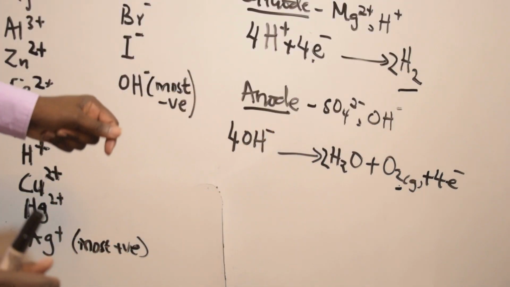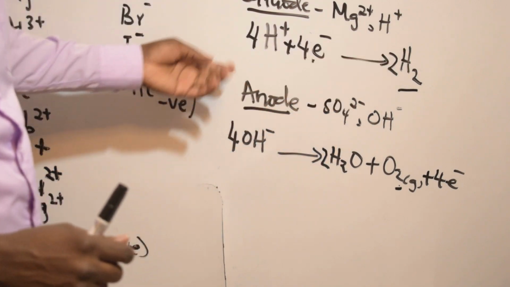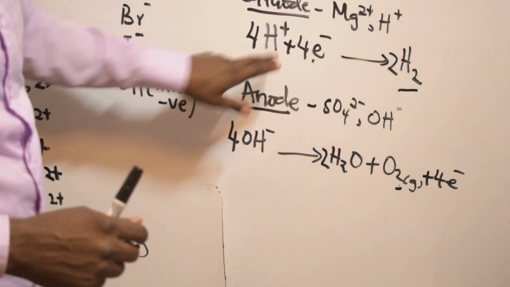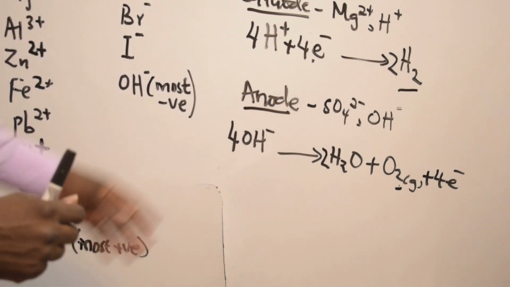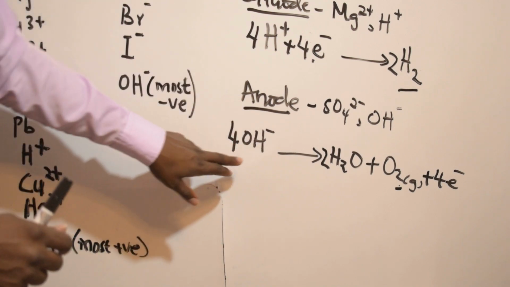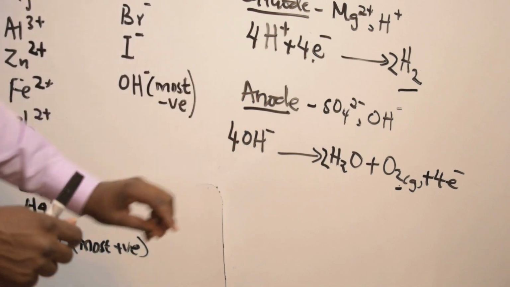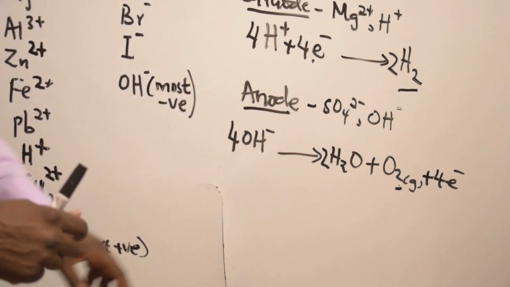That means that if we are discharging hydrogen ions at the cathode and we are also discharging hydroxide ions at the anode, you can see that 4 hydrogen ions and 4 hydroxide ions are being discharged.